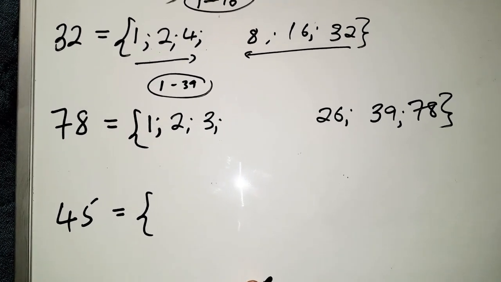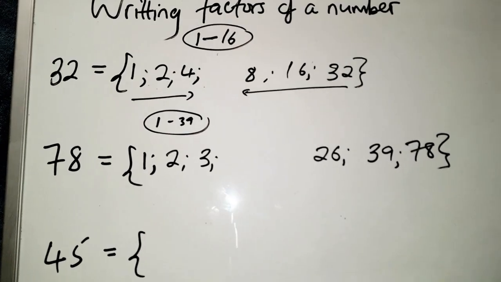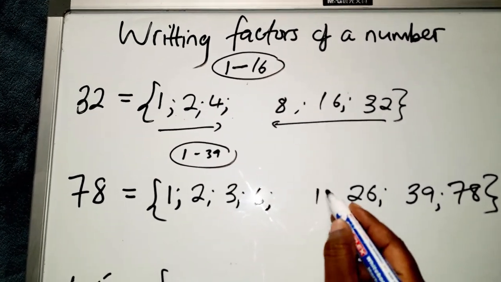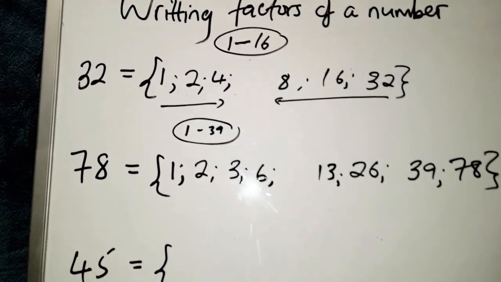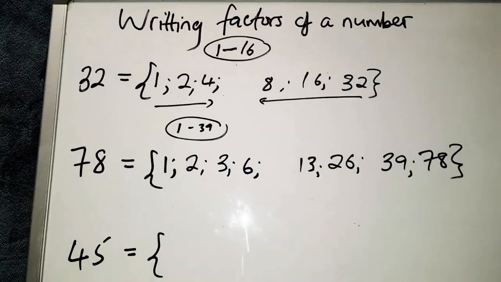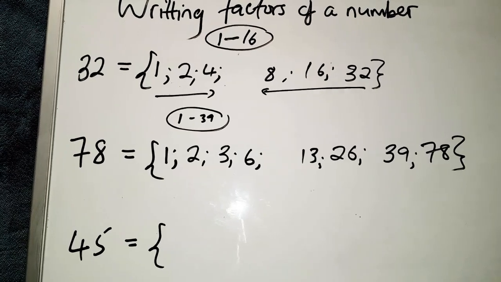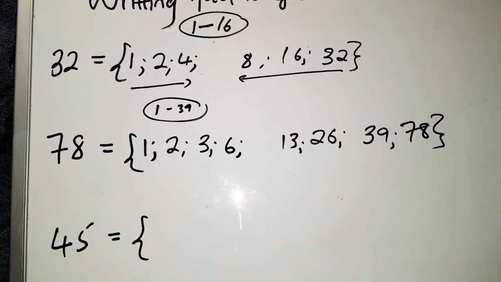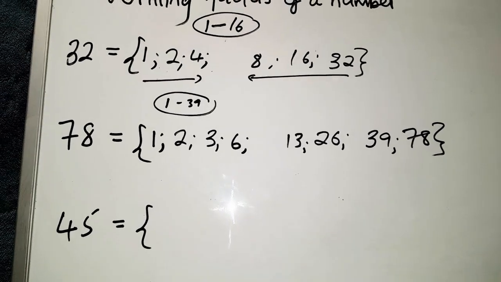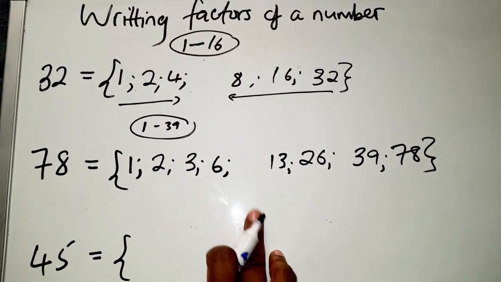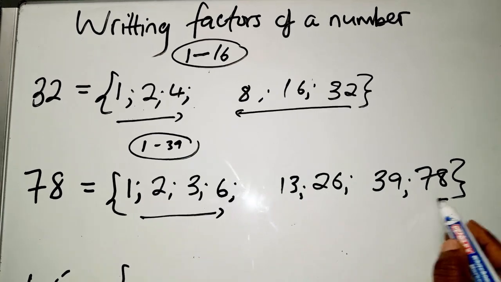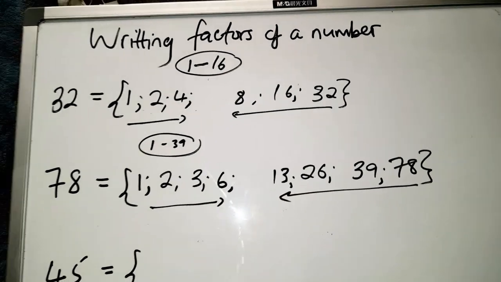Then you try 6, and you realize that 6 gets into 78 13 times. Then you might try any other number in between, but you will not see any, because I don't recall 7 being a factor of 78, nor 8, 9, 10, 11 or 12. So, these are all of the factors of 78.